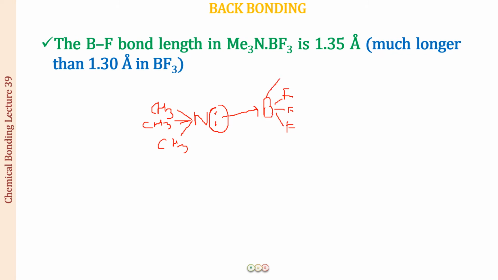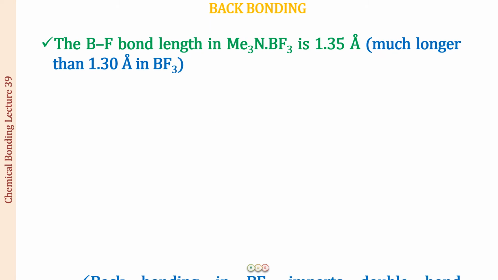Now what is going to be the hybridization of boron? It is forming 4 sigma bonds, so it is again going to be sp3 hybridization. All these B-F bonds are now going to be sigma bonds. There is not going to be a partial double bond character because the octet of boron is already complete. What does that mean? It is similar to the BF4 negative case that we have over here.